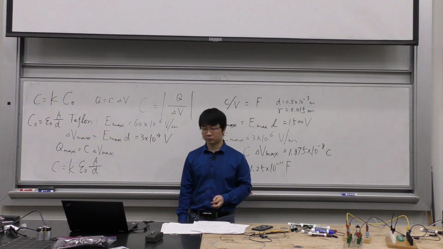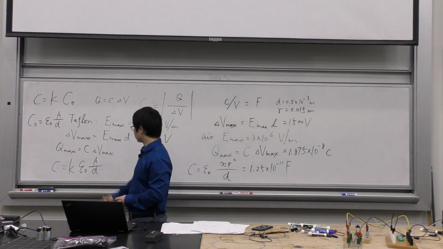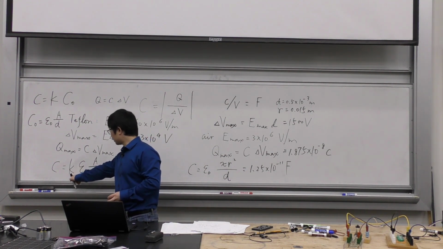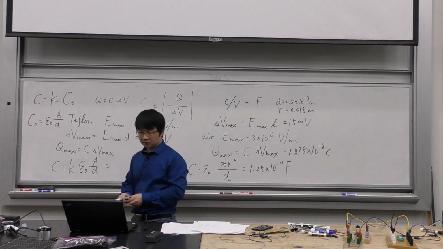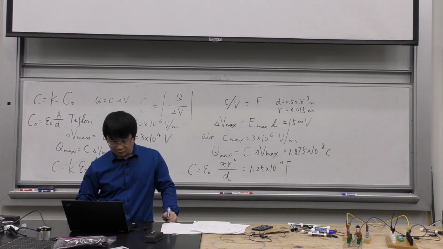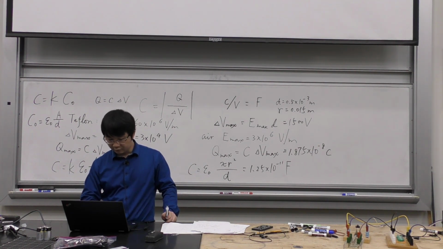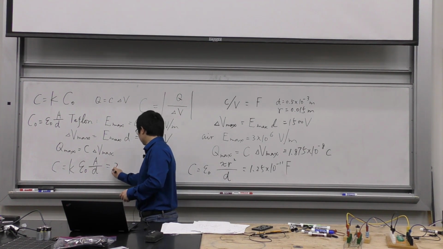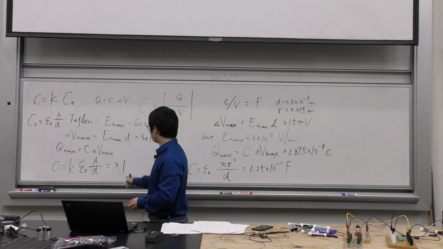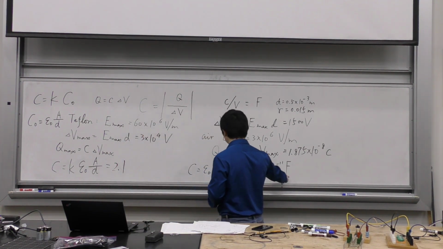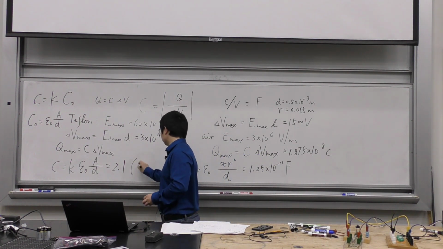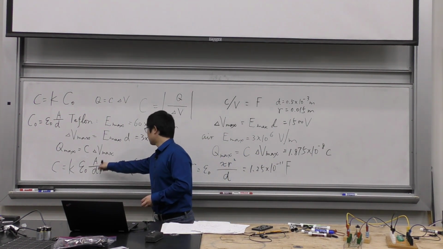Now, what about the charge, right? Remember, you're going to calculate the C. So for the C you're going to need this K, this dielectric constant for Teflon. That's 2.1. Right? So it's going to be 2.1 times this number. You already found this number, right? So epsilon naught times that.